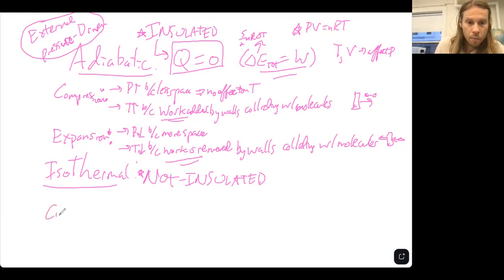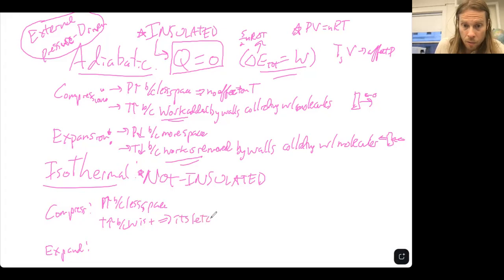So if I compress or expand here, the pressure goes up because less space. And what happens is at first, the temperature goes up because work is positive. But it's let out via heat because it's not insulated, right?